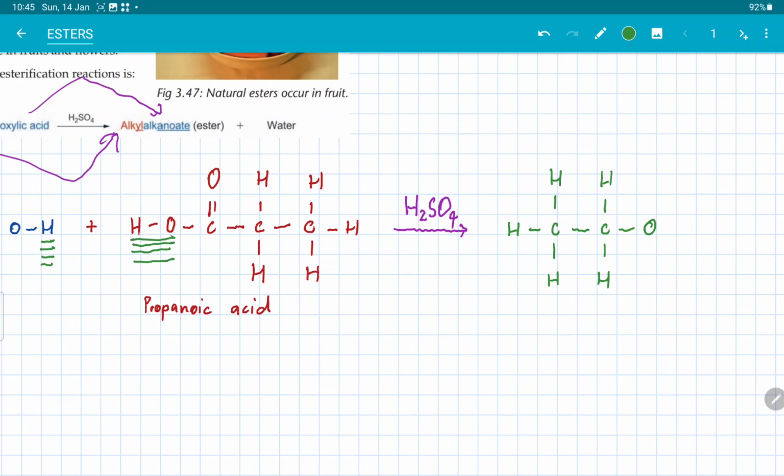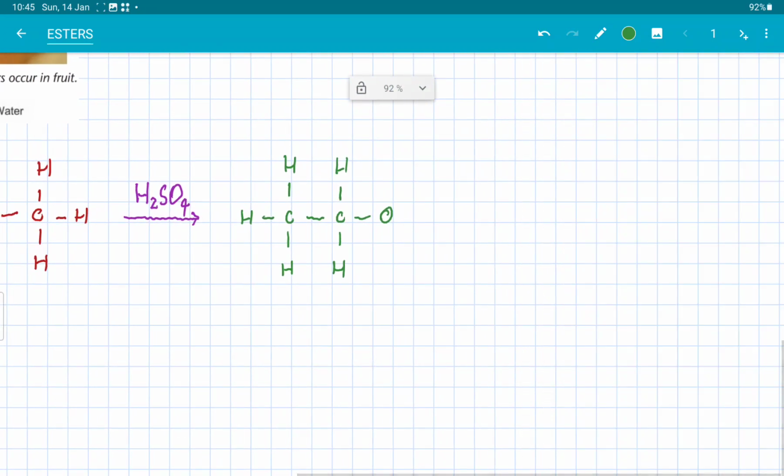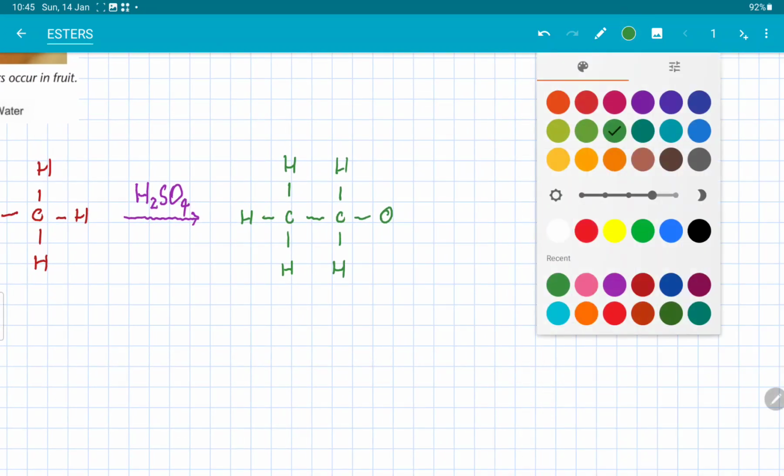Because this is the section of the alcohol, this is the part that we're going to call the alkyl. Remember, if the alkyl group has 2 carbons, that makes it an ethyl.